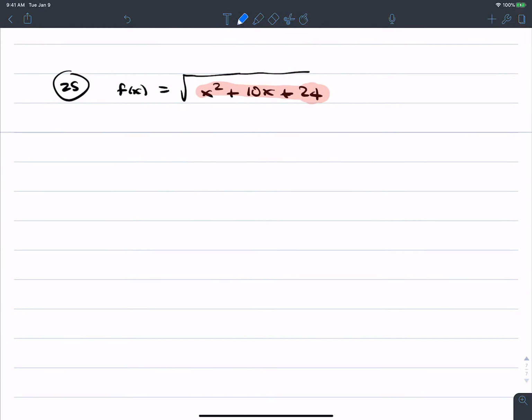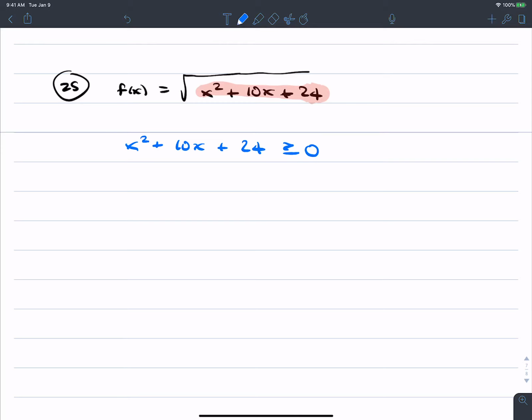So we're going to say x squared plus 10x plus 24 must be greater than or equal to 0. Positive or equal to 0. So this is x squared plus 10x plus 24. We're going to have to solve this by sign analysis. This is number 25 here.